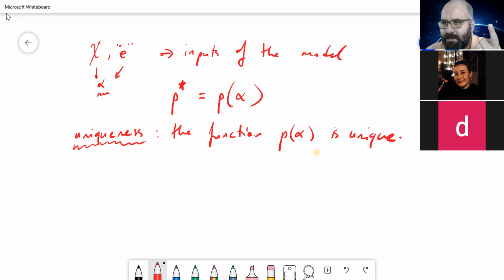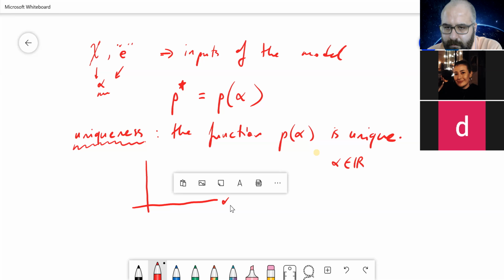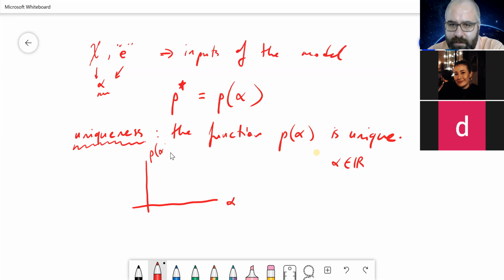So for a given normalization of prices, if you find only one function p of alpha that solves your p star, then this equilibrium is unique. So imagine this. Imagine that alpha is just one-dimensional, and you have p of alpha here. Now, if you find something like this as the only solution, then it is unique.